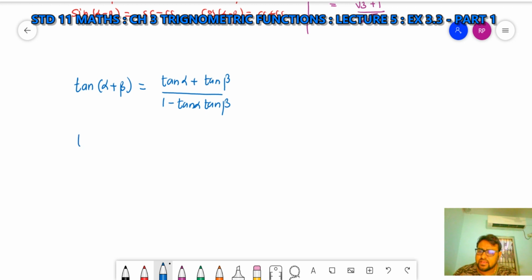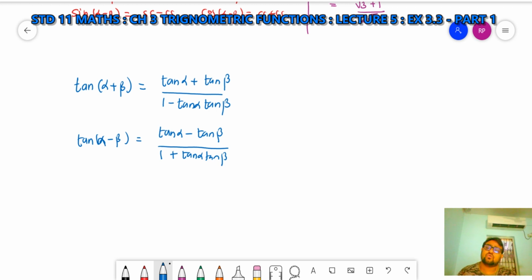And second is tan alpha minus beta. This will be equal to tan alpha minus tan beta upon 1 plus tan alpha tan beta. Clear? So this was the formula about tan.